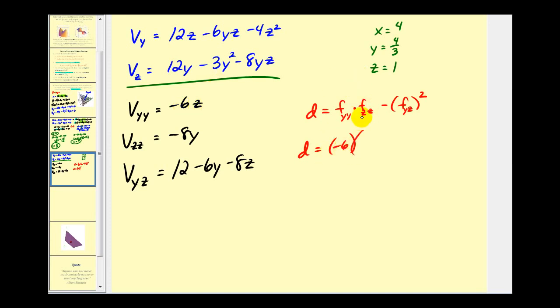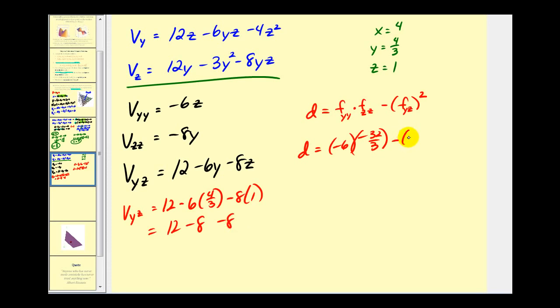The second order partial with respect to z is equal to negative 8y, and y is 4/3, so we'll have negative 32/3, minus the mixed partial when y is 4/3 and z is 1. It's going to give us 12 minus 8 minus 8. It's going to give us negative 4.